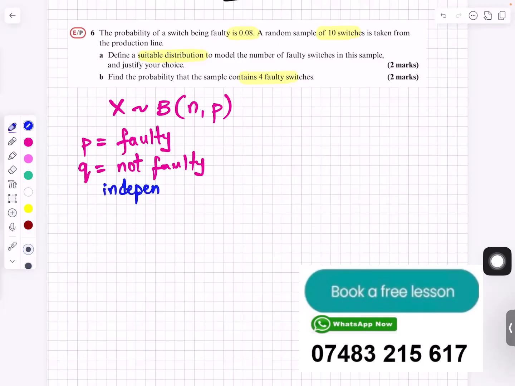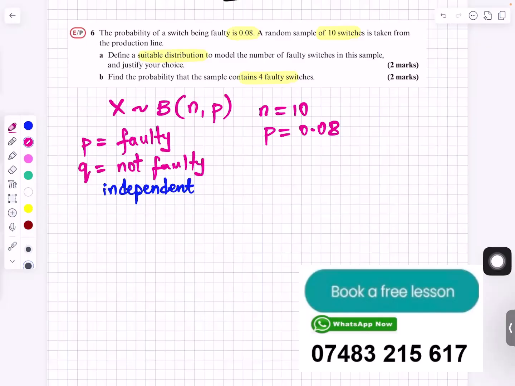It doesn't affect each other. And then now part B. But we haven't finished part A. What is n equal to for part A? I put 10. And what is p? 0.08. That's it. So now part B, find the probability that the sample contains 4 faulty switches.